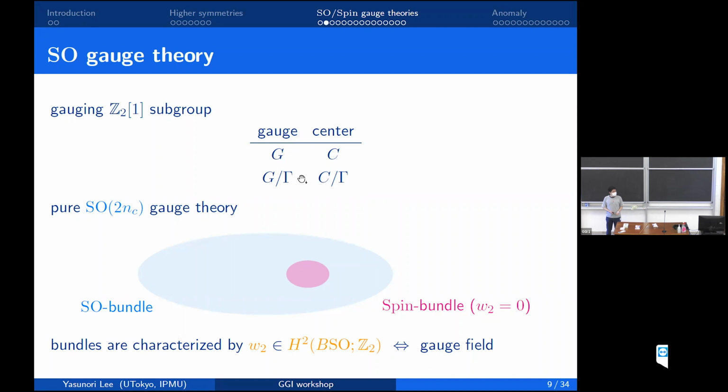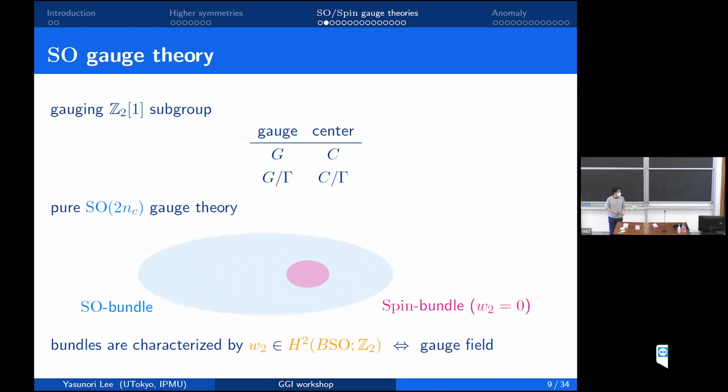And one important fact is that there's a certain degree 2, Z2 valued cohomology class, which I call W2, which characterizes the SO gauge bundles. And spin gauge bundles are a special subclass of SO gauge bundles with trivial W2.